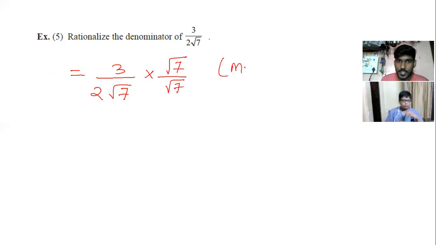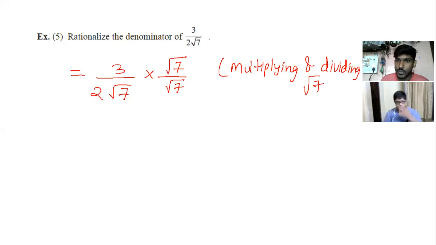So I'll write here, multiplying and dividing by root 7. Okay, only the third. That 2 I haven't taken because that doesn't have a radical sign. So only the number which has a radical sign. Now this is two fractions.